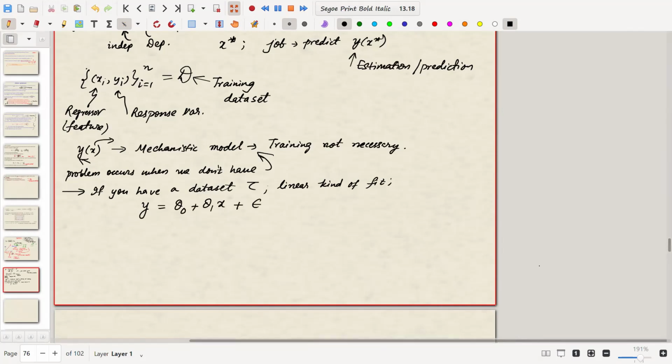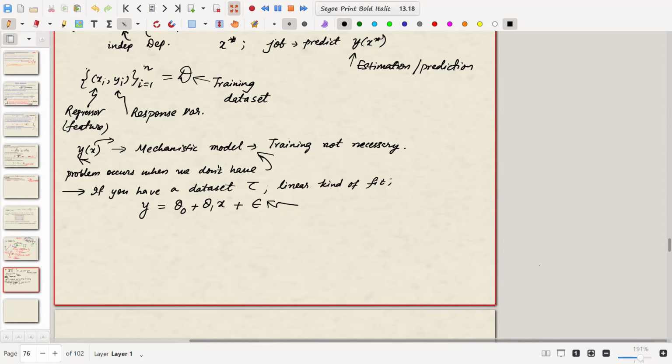If you are considering experimental data, there will be some error term. Usually this error term is used in regression to model the real life scenario. Like I told you, in the voltage and resistance example, there is some error associated. Similarly here, theta naught plus theta 1x.